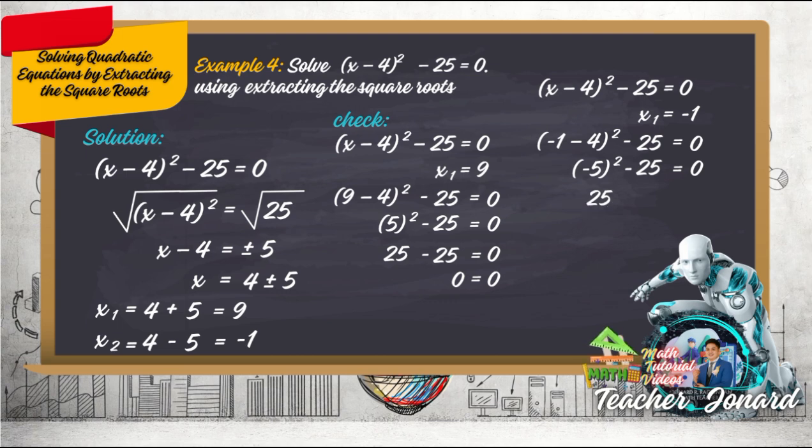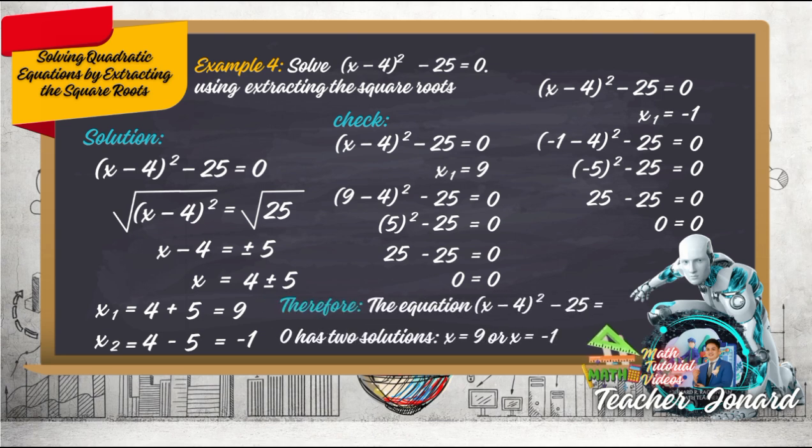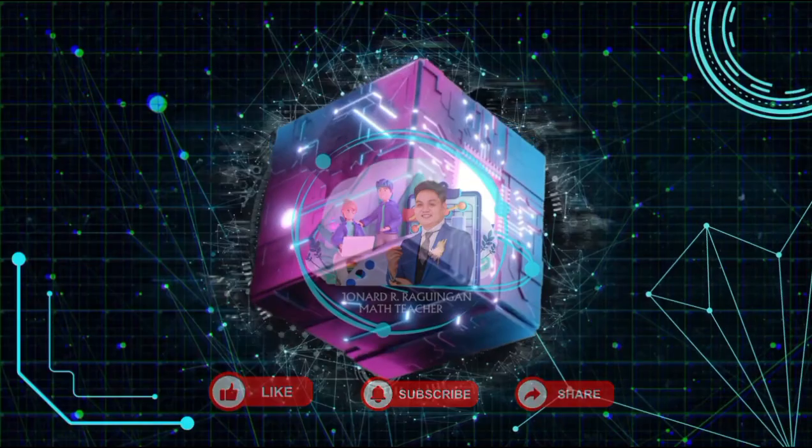The square of negative 5 is 25, 25 - 25 is 0, 0 = 0. The equation is true, then negative 1 is a solution of (x - 4)² - 25 = 0. Therefore, the equation (x - 4)² - 25 = 0 has two solutions: x = 9 or x = -1.